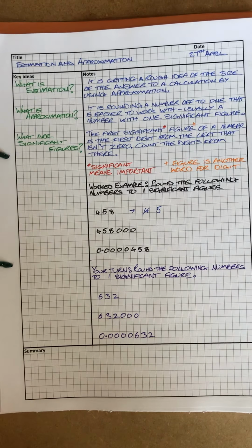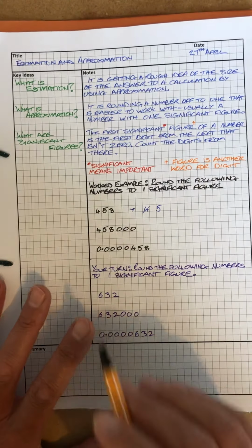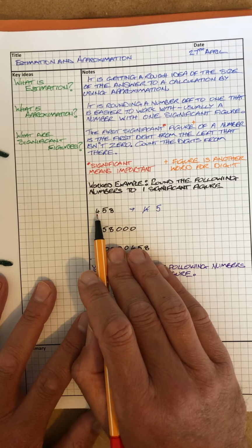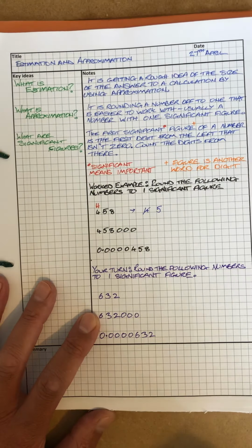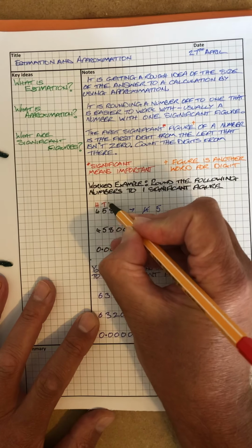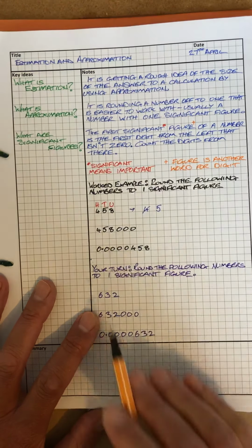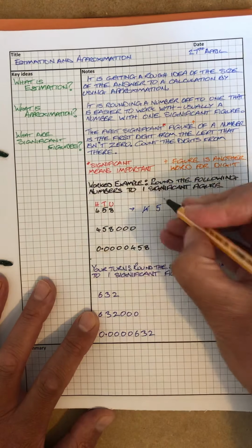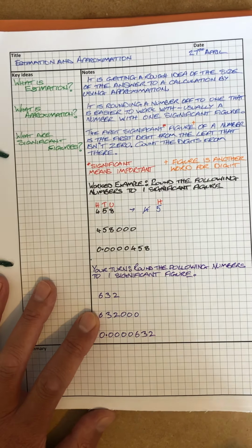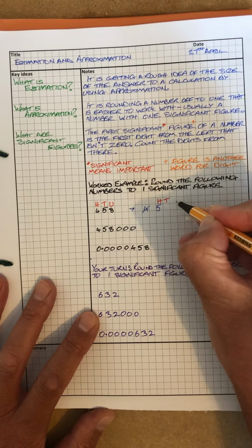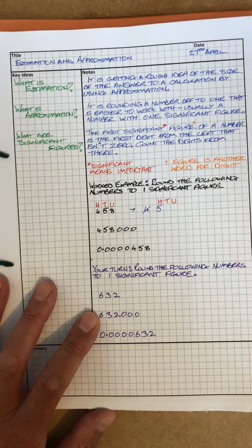Now, the answer is not 5 here because this is not 4. This is 4 in the hundreds column. This is 5 tens and this is 8 units. So our answer needs this number to be in the hundreds column. So we need to say how many tens and how many units we've got.